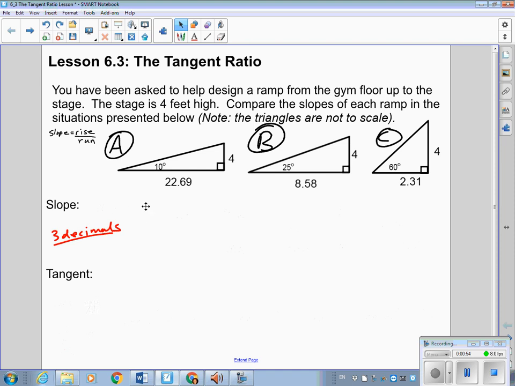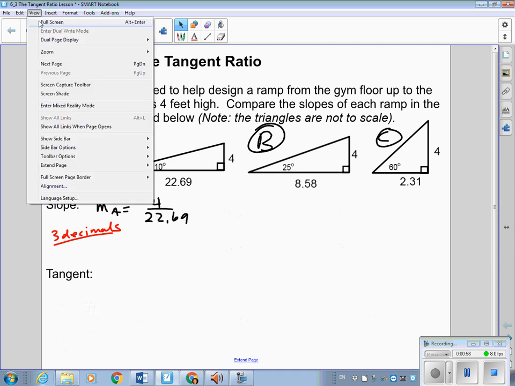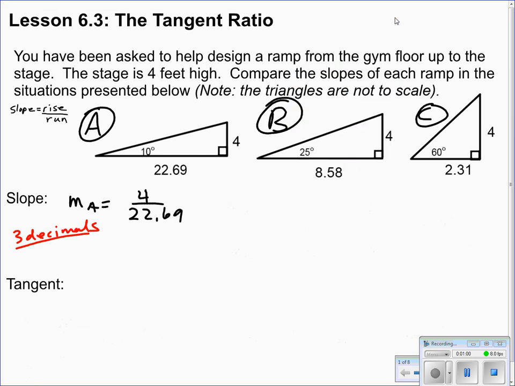So when I calculate the first one, I'll just show you right away. We've got 4 over 22.69. And once we've done that, you're going to round your answer to be 0.176.